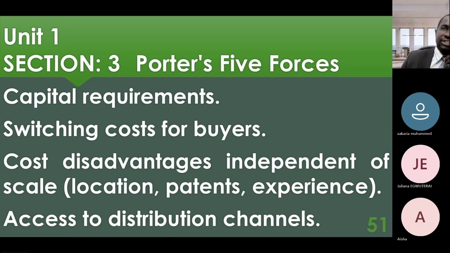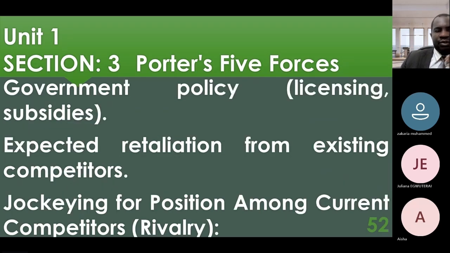Also access to distribution channels, looking at the product you are after, is another factor. Also government policies, licensing, and subsidies are factors that affect new entrants. Also expected retaliation from existing competitors. In the market, there is serious competition and retaliation. They come up with decisions to affect each other and also to drive market share.